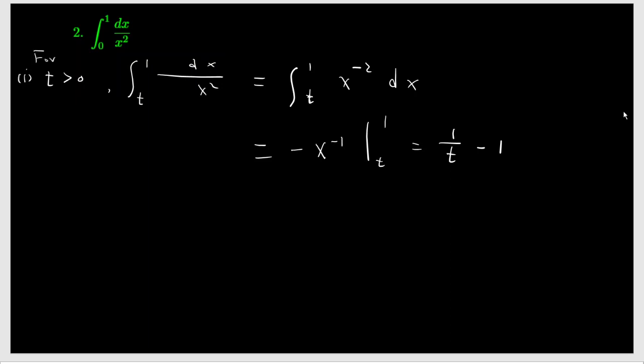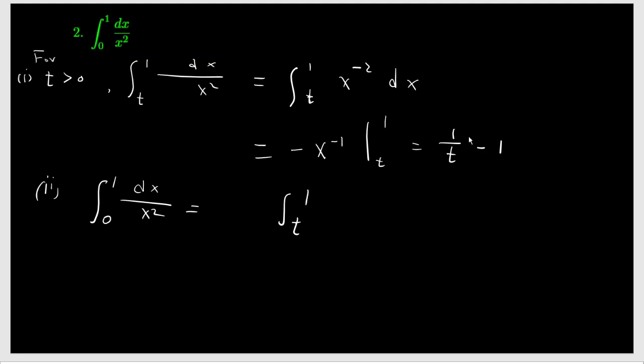In step 1, we evaluate the integral from t to 1. And then in step 2, I'm looking for the definition. 0 is the point where the function is undefined. So that's why you replace 0 with t. You evaluate the integral from t to 1.